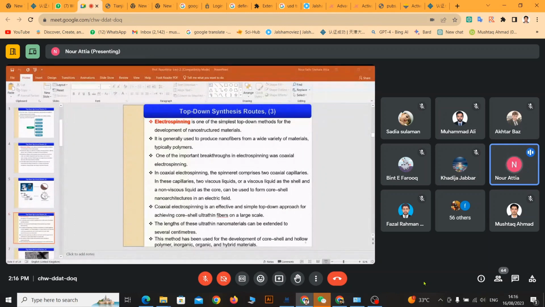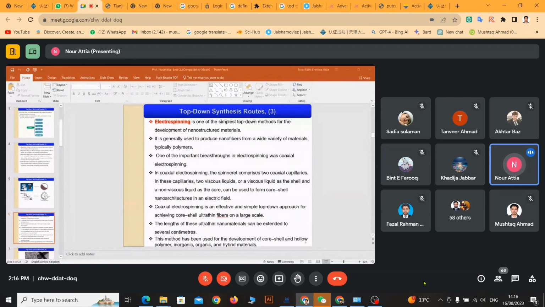You need a collector, a syringe, and a voltage difference. Then you collect, and based on the nozzle of the syringe, you change the diameter of the fibers. After that you do annealing, and finally you get nanofiber containing nanoparticles.